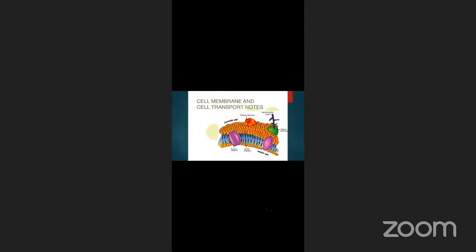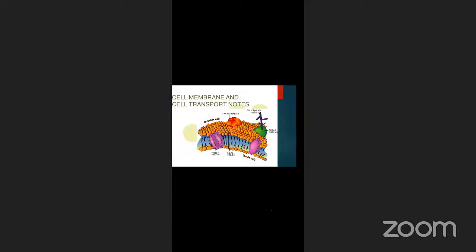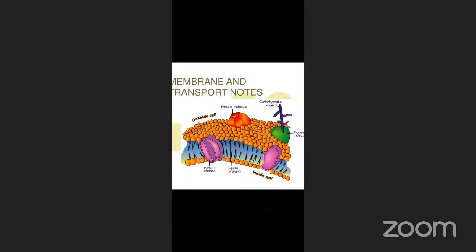And it consists of 20 to 79% lipids, 20 to 70% proteins, 1 to 5% carbohydrates, and 20% water. It is a bilayer, two layers. The outside layer is called the outer leaflet, and the inside is the inner leaflet.